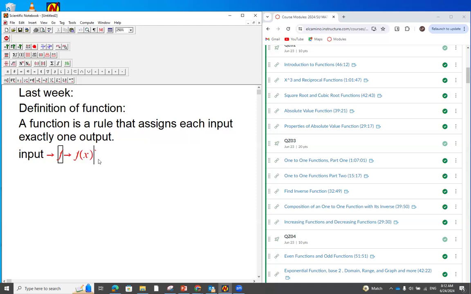F of x notation is very important notation because it tells you the input is x, and the input is applied the rule of the function and produces an output. So f of x itself tells you the input is x, output is f of x, and f is the rule. Okay, so it's in a compact form, tells us what a function is and how to express it.